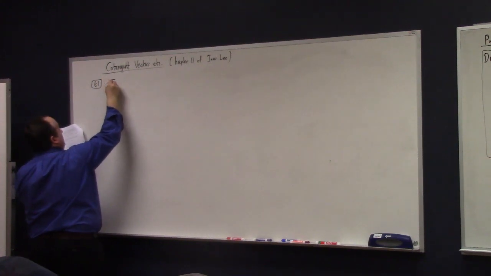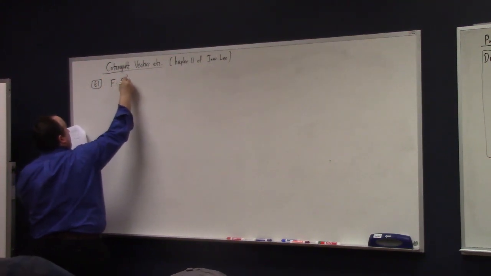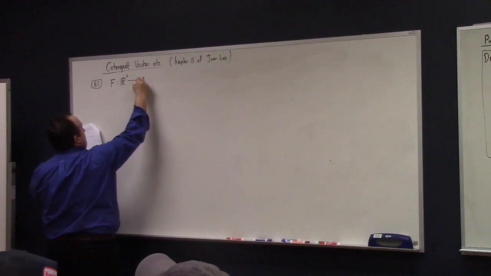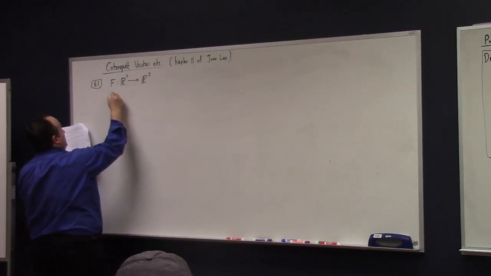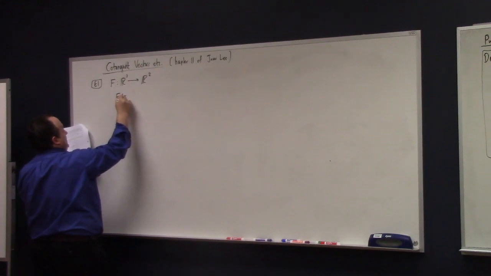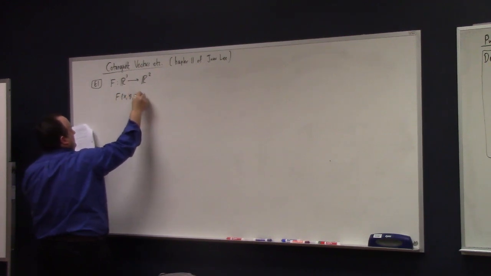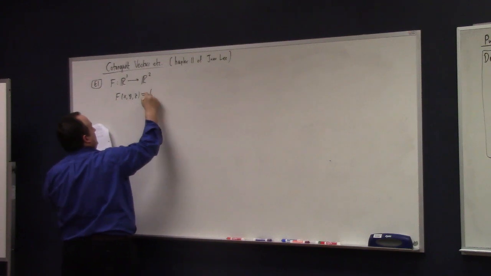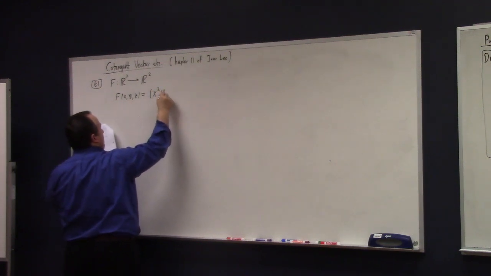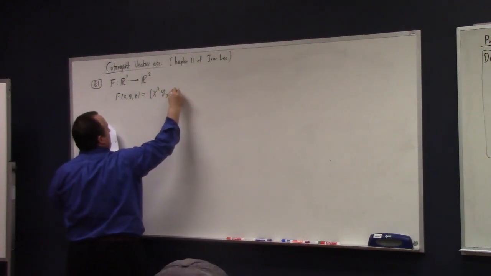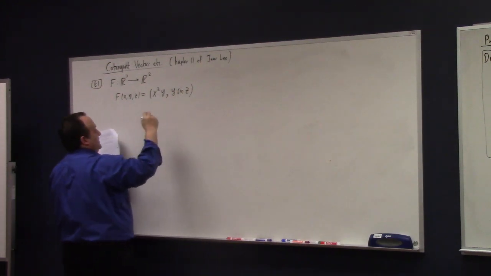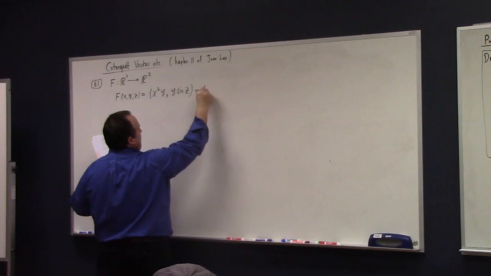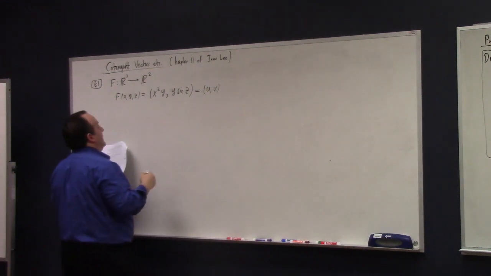We have f from R3 to R2, given as follows: f of x, y, z is equal to x squared y, and then y sine z. All right? And so basically we're going to say, well, that's u and v.